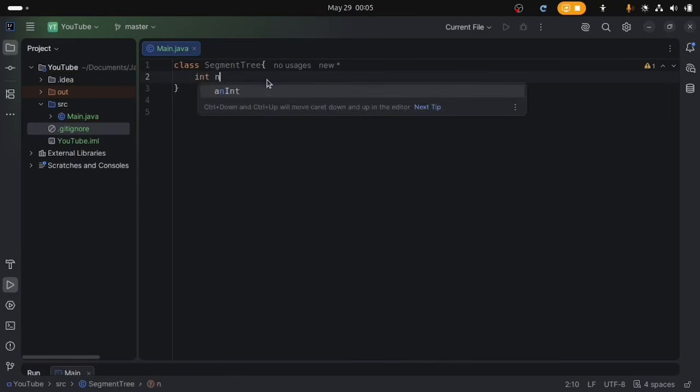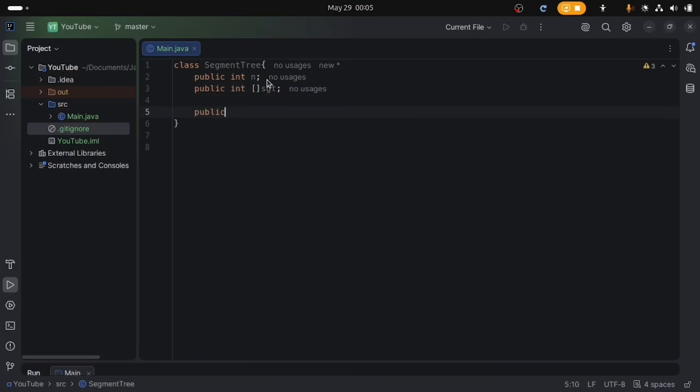We first need the size of our array, which will be n, public int n, and we need our segment tree array, which will be of type integer. I will name it sgt in short form.